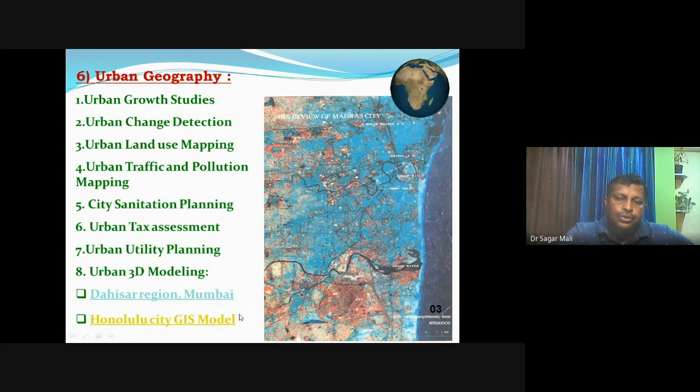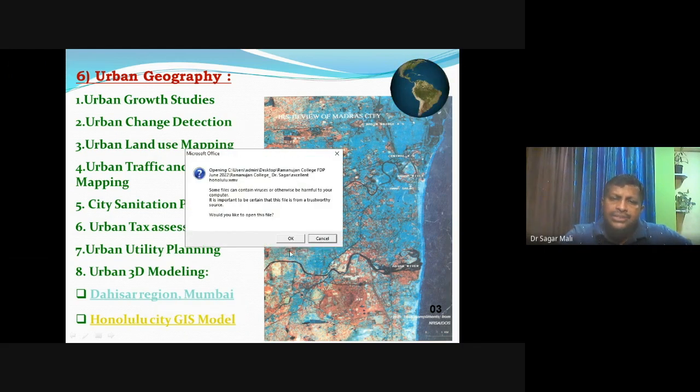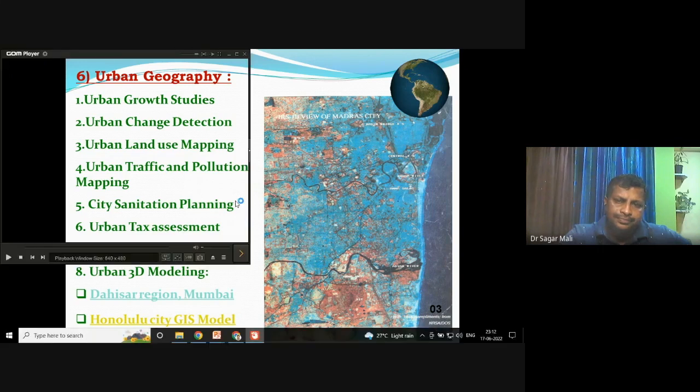Now here I would like to show one GIS model of Honolulu city, where remote sensing and GIS are used to make a systematic plan of the city.